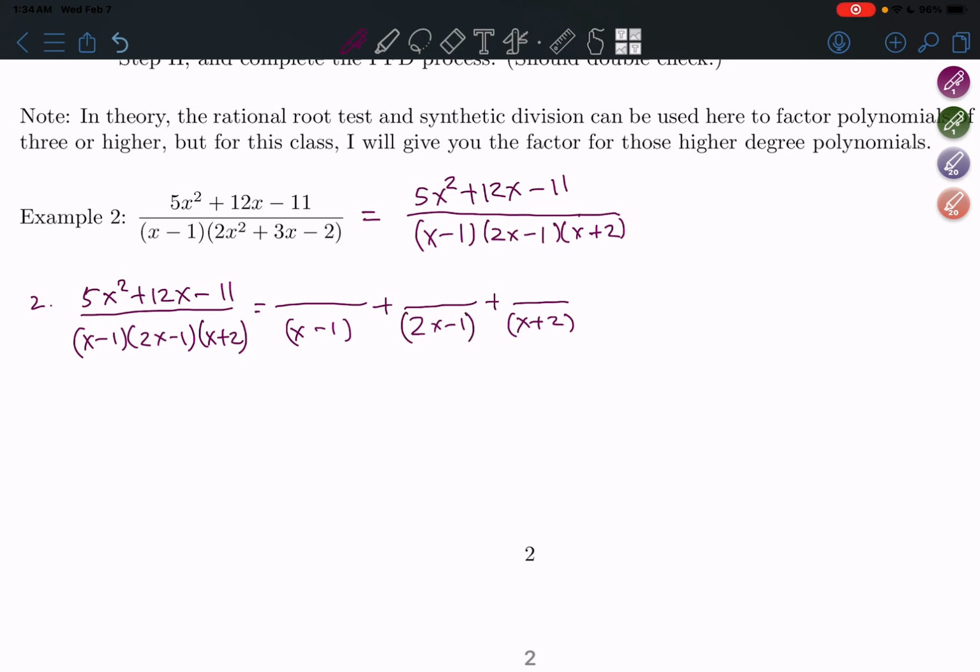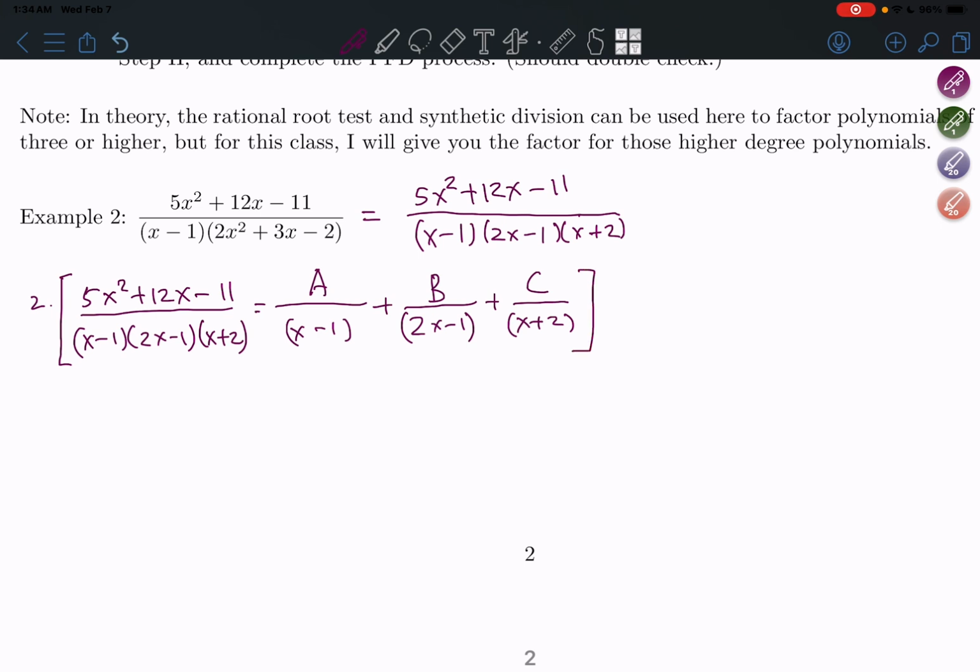Because they're all linear, on the top I'll just have one letter each, so A, B, and C. So that's step number 2, the setup part. Now step number 3 is to multiply the entire thing by the common denominator, by the original q of x, that is.